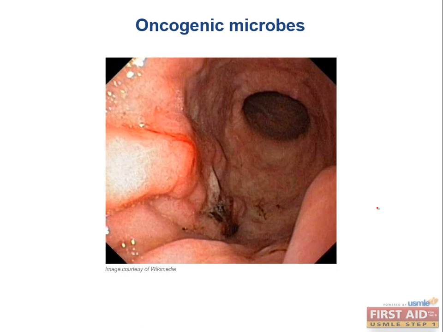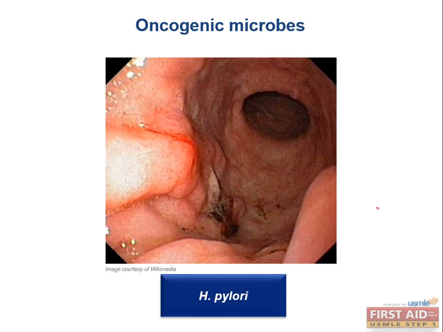First, let's talk about this. Gastric or duodenal ulceration that progresses into neoplasia is associated with what? Helicobacter pylori, right? Everyone knows that. And how do you treat this? Triple therapy, and that involves typically 2 antibiotics plus 1 proton pump inhibitor.